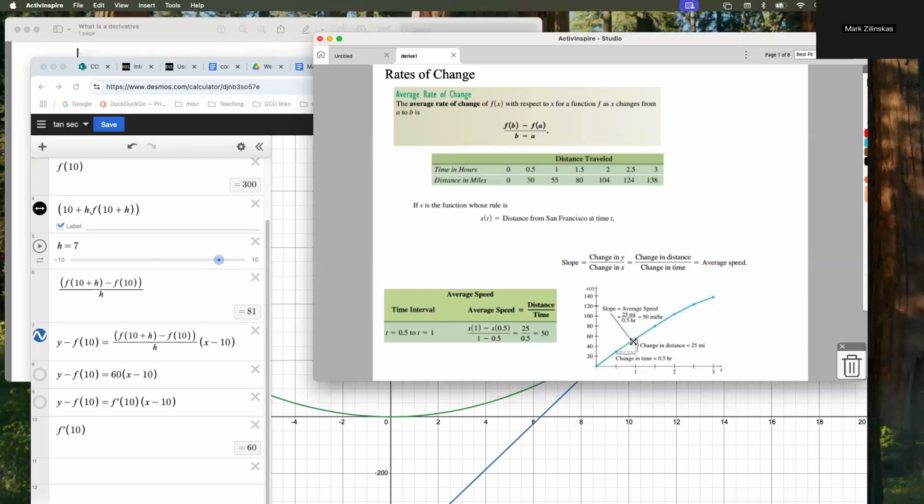And so what we're eventually going to get to is cutting down this interval of time to being very close to zero, approaching zero. So you should anticipate this idea of a limit, and we want to know how fast we're going at that particular instant in time.